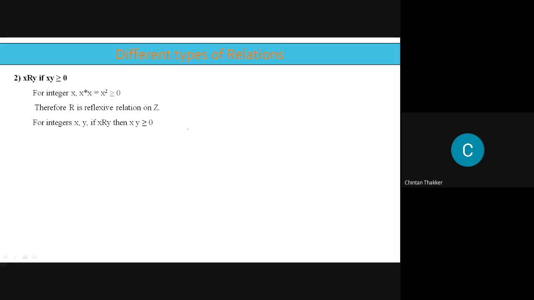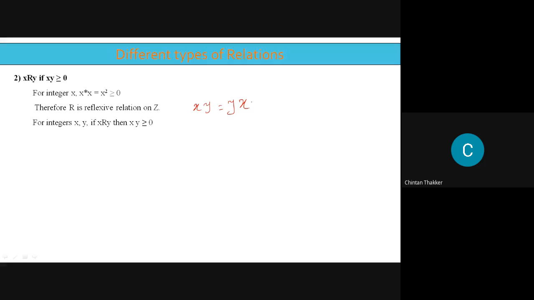Now x into y is greater than or equal to 0. So y into x is also greater than or equal to 0. We know in multiplication, x into y is equal to y into x. Okay. 2 into 3 is equal to 3 into 2. Or you can say that 72 into 75 is equal to 75 into 72.